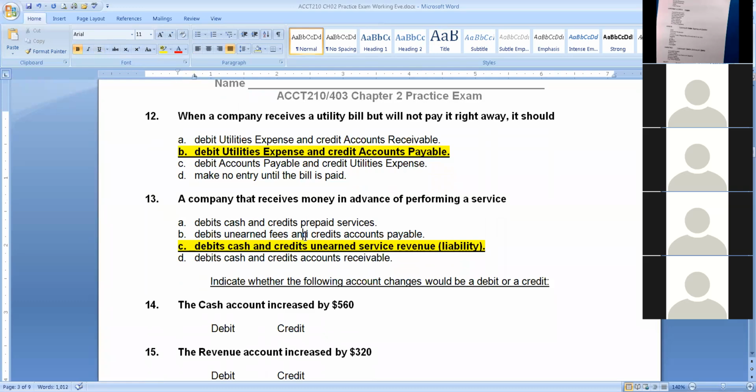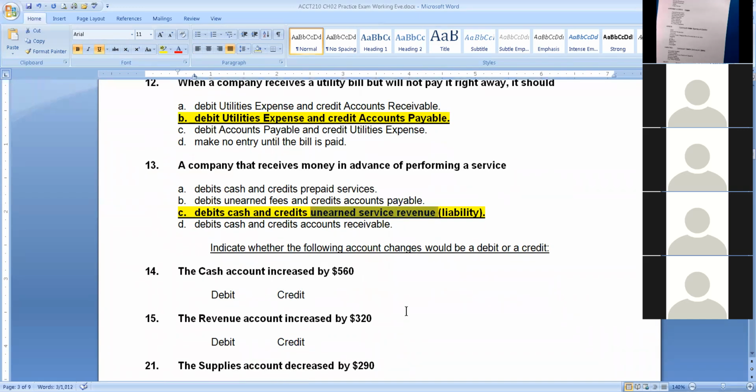So because of that, it's a liability. Now, eventually, the revenues will turn into revenue when we actually complete the service. So whatever it is they want us to do, we complete the service, then it becomes a regular revenue. But until that time, it's unearned revenue. It's a liability. We didn't talk about that.